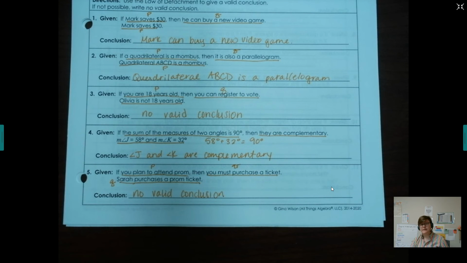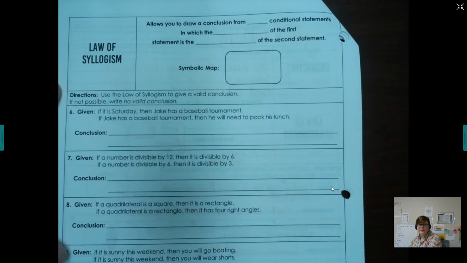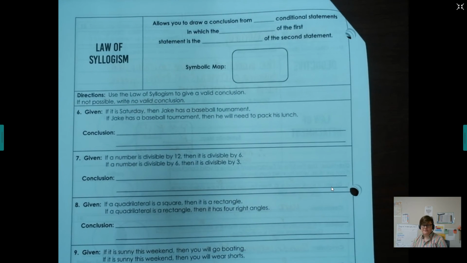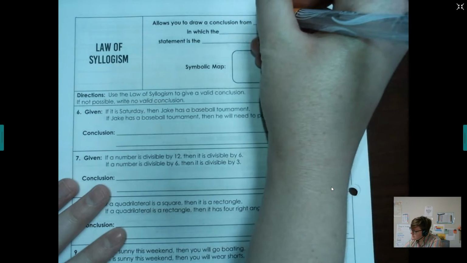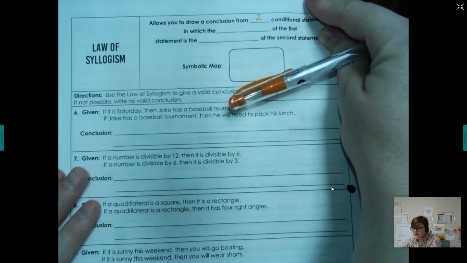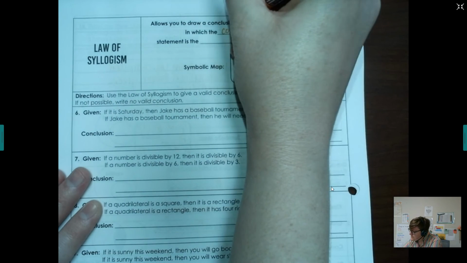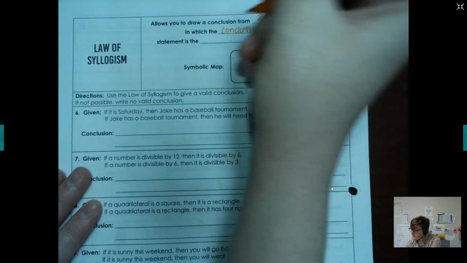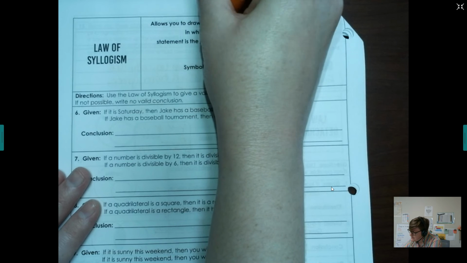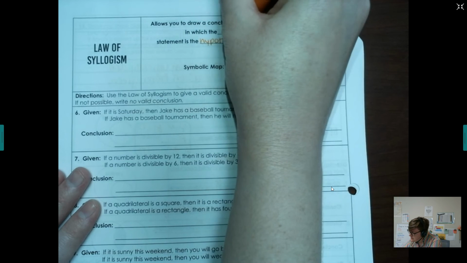I'm going to go ahead and flip the page now. Next we have law of syllogism. So this allows you to draw a conclusion if you're given two conditional statements, where the conclusion of the first statement is the hypothesis of the second statement.